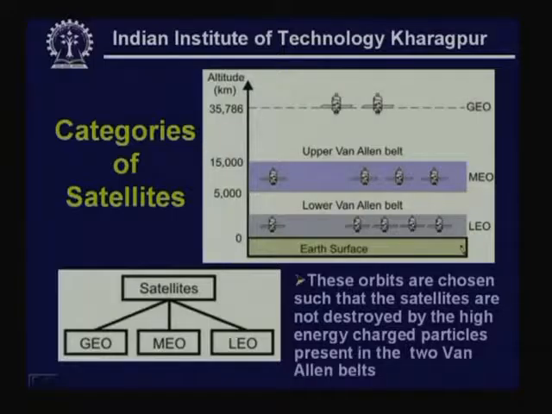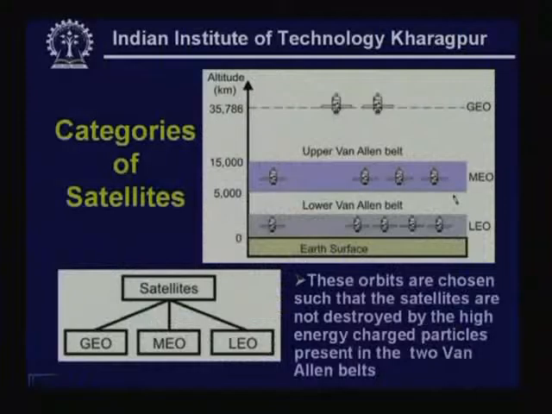and it was that first satellite that was launched by the Russians, Sputnik, and after Sputnik was launched, there was the discovery of the Van Allen belt. Van Allen belts are essentially regions where there are high energy charged particles, high energy protons, and there are two such Van Allen belts, as you can see.